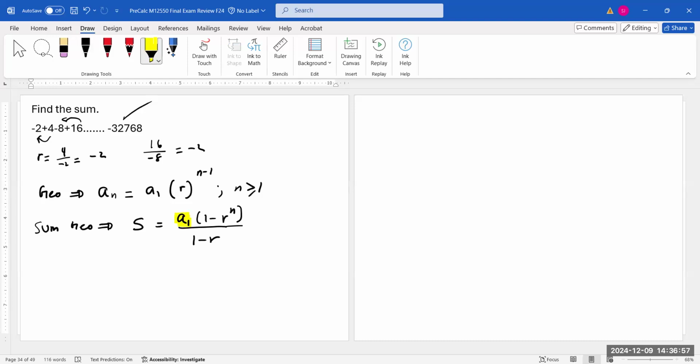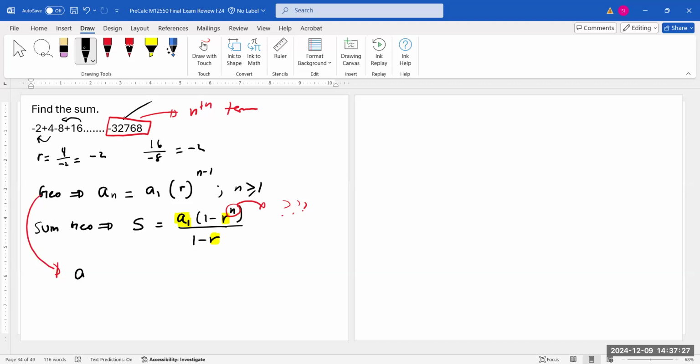We know what our first term is. We know what our ratio is. The problem is, what is n? They didn't tell us n. So this is actually the nth term, so we need to know what n is. How many terms are we adding here? That means we do need the formula.